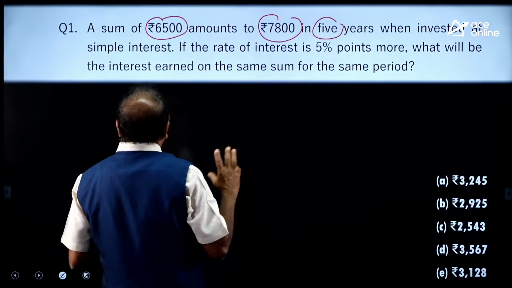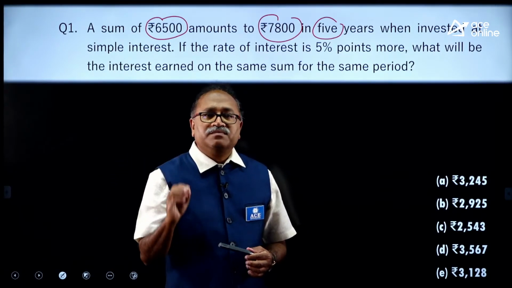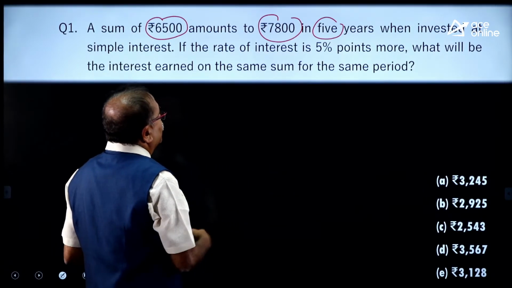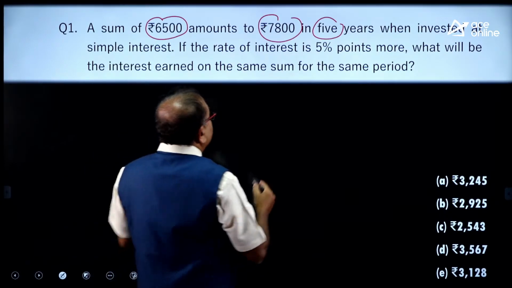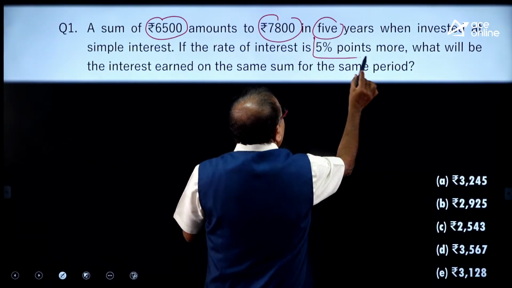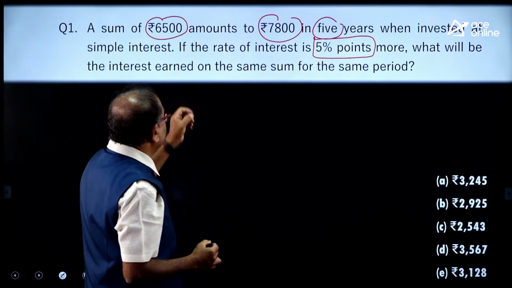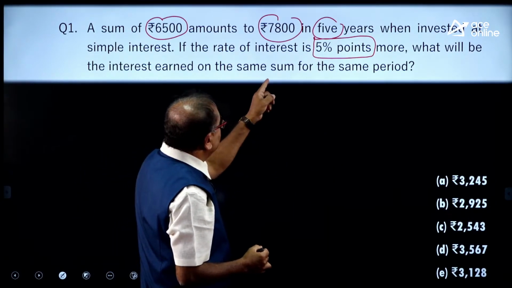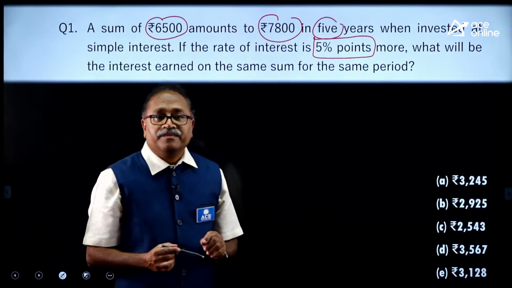So, it is very clear, we have the principal and we have the amount and we have the time also. If the rate of interest is 5% point more, what will be the interest earned on the same sum for the same period?